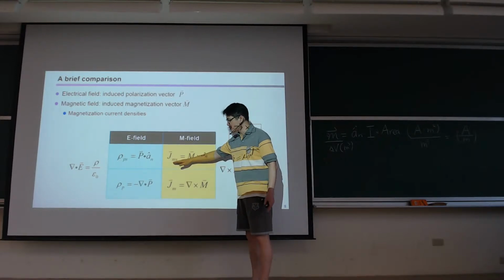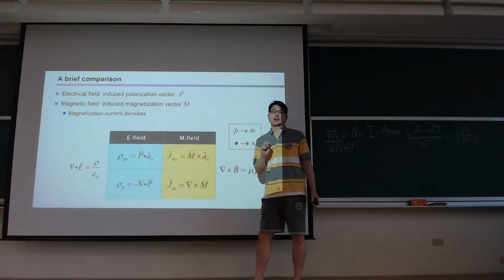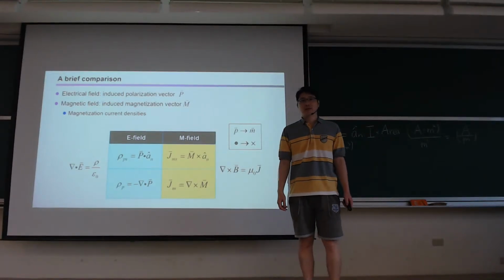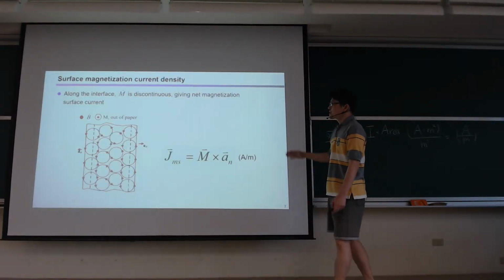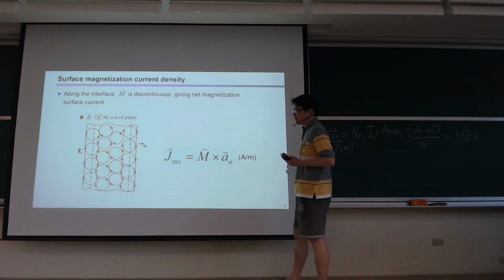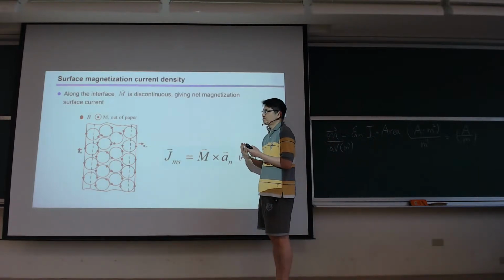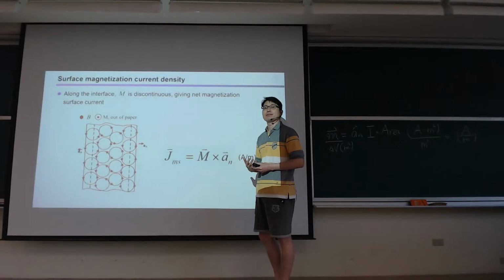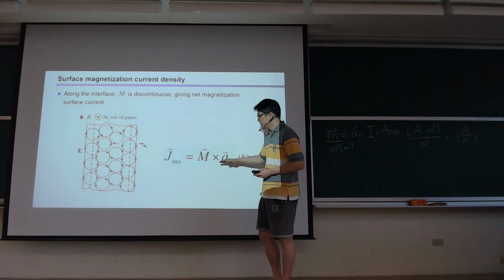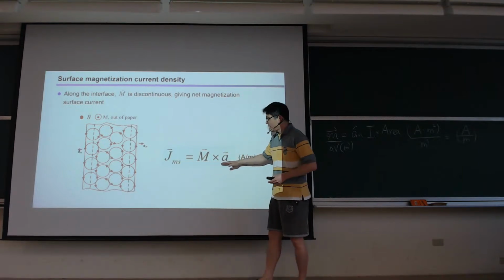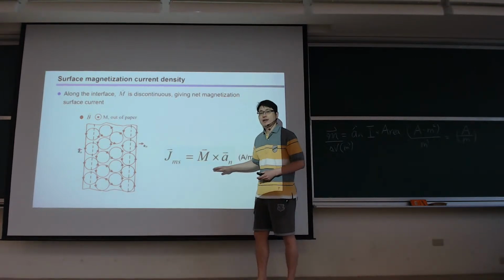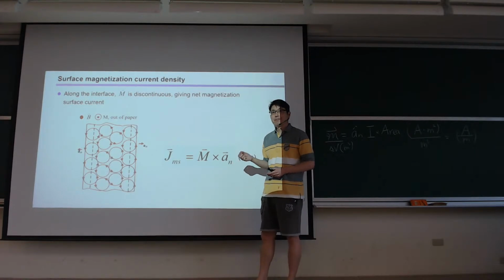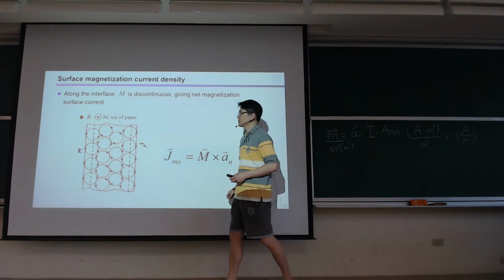One is the surface, one is the volume current densities. Okay? So in the following, let me try to qualitatively prove this is the right formulation for the surface magnetization current density, right?